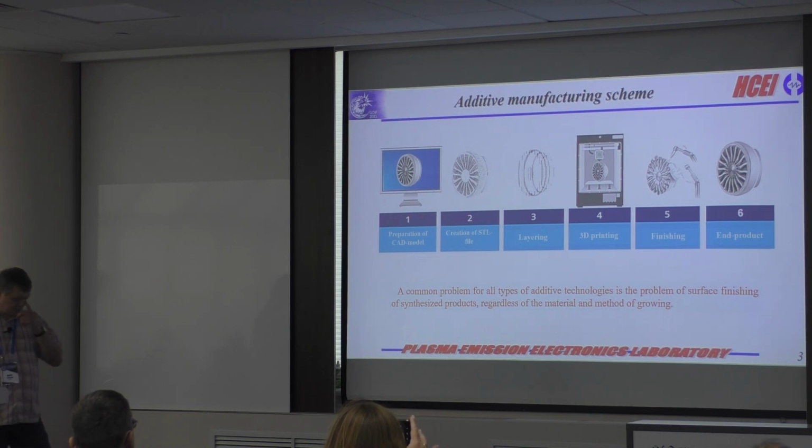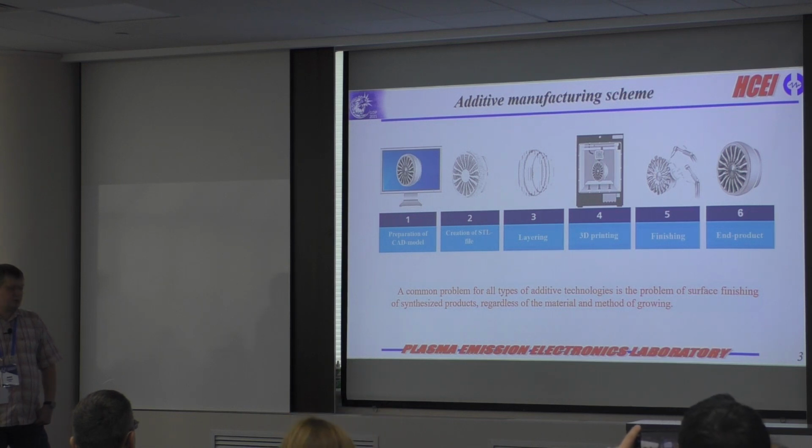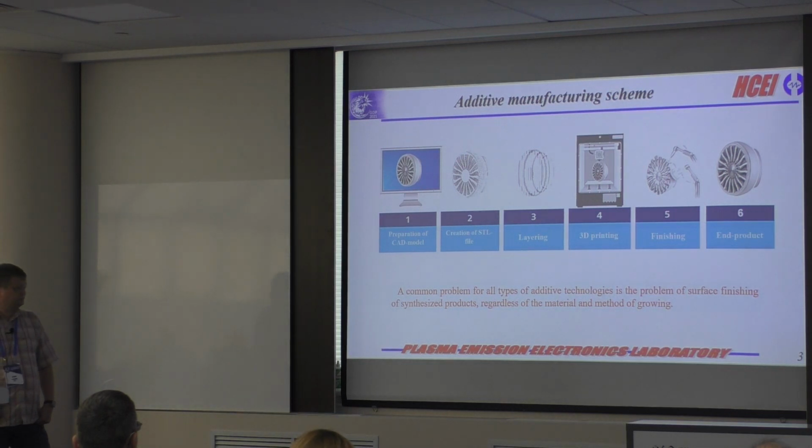We propose an alternative method of finishing the surface of such material or such product. It's the use of pulsed electron beam treatment. That is what my report will be about.